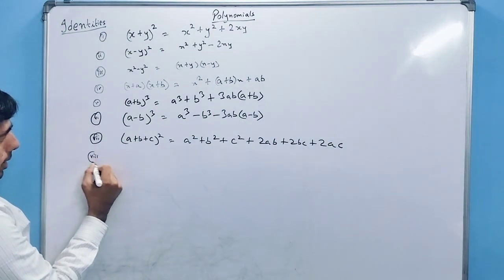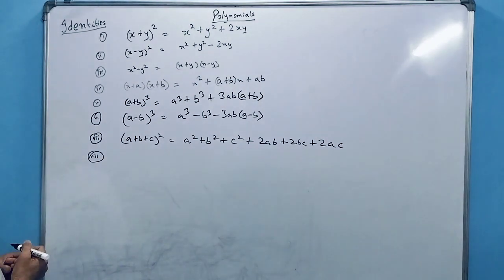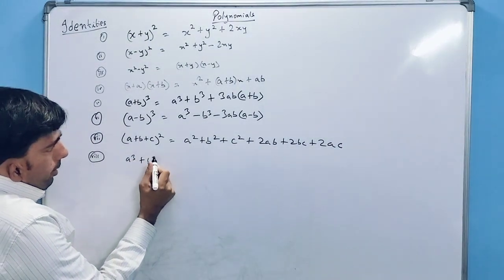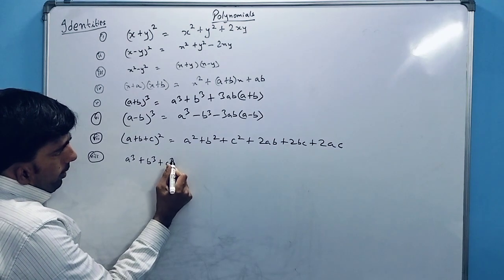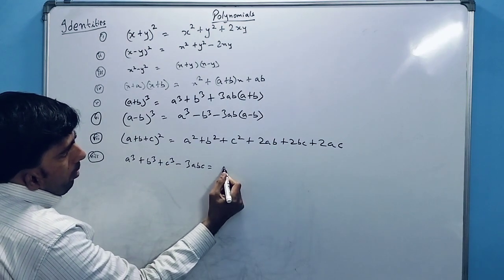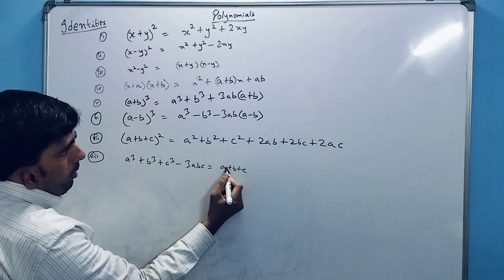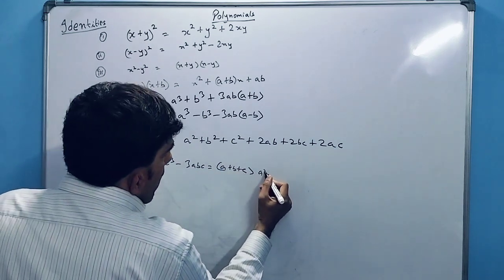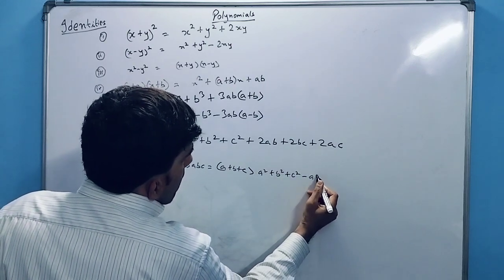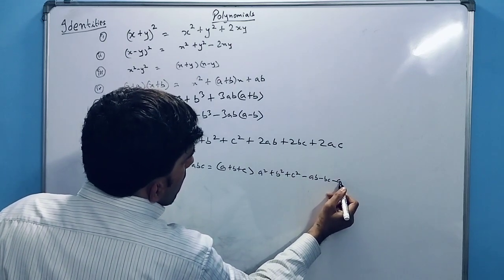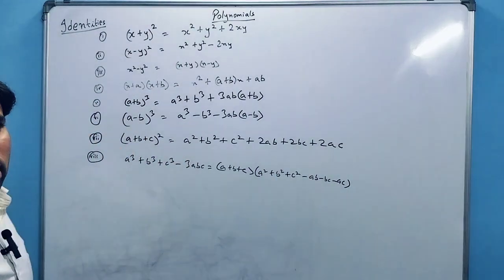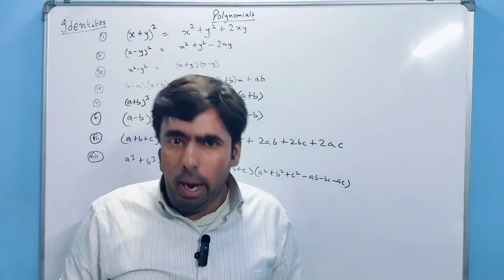Now we have the next identity, a cube plus b cube plus c cube minus 3abc, which equals (a plus b plus c) times (a square plus b square plus c square minus ab minus bc minus ac). So these are the 8 identities we have.